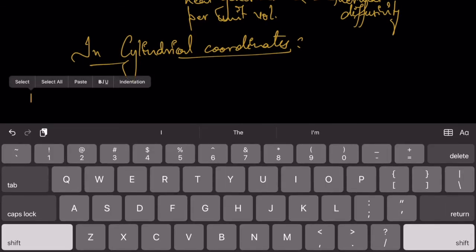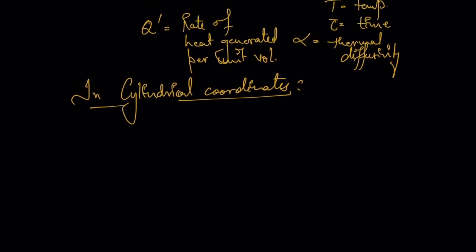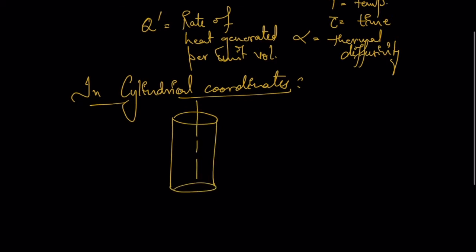Let's draw a cylinder. Let's assume this is the z-axis, this is the x-axis, this is the y-axis.